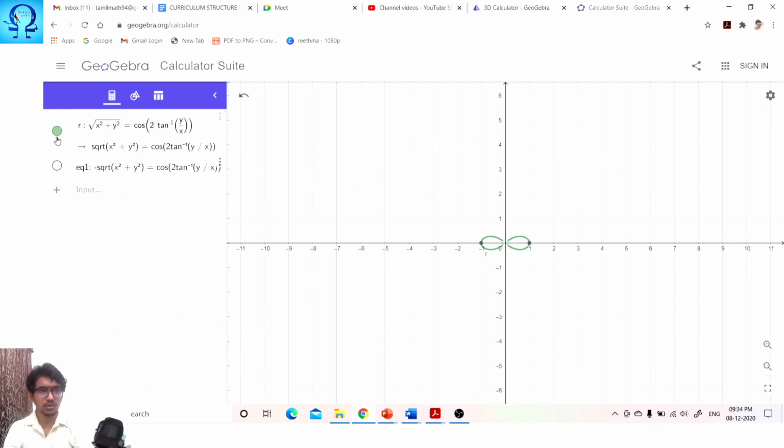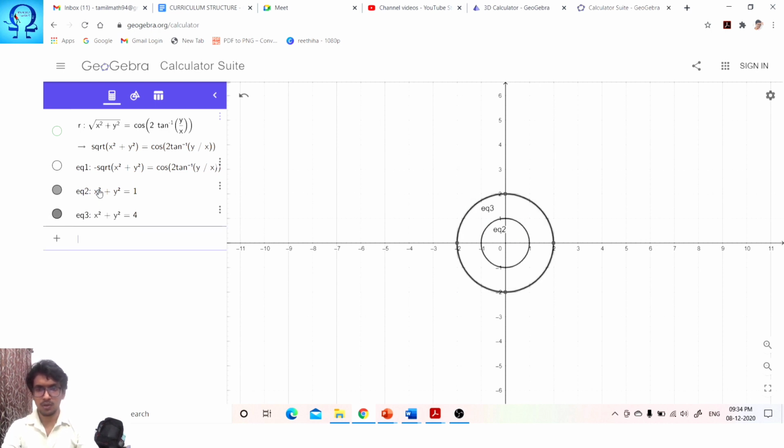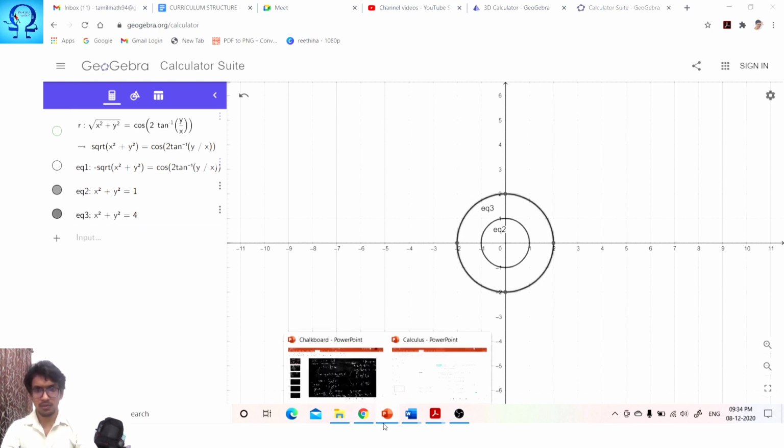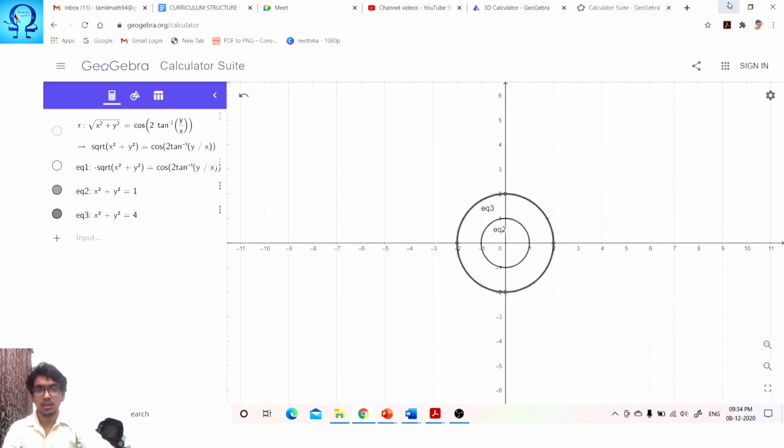Let us move to three-dimensional then. The first one is x squared plus y squared is 1. Then x squared plus y squared is 4. This is the given information, I suppose. So this is the region bounded between these two circles.